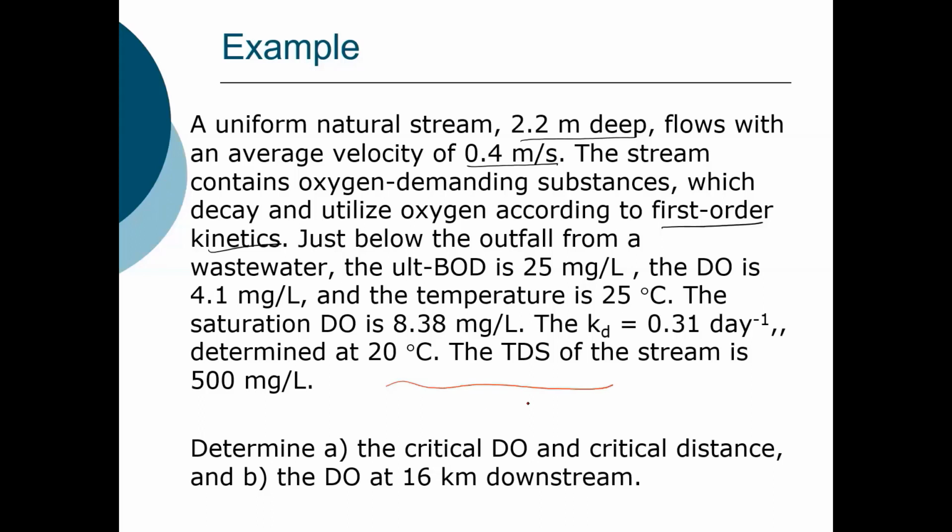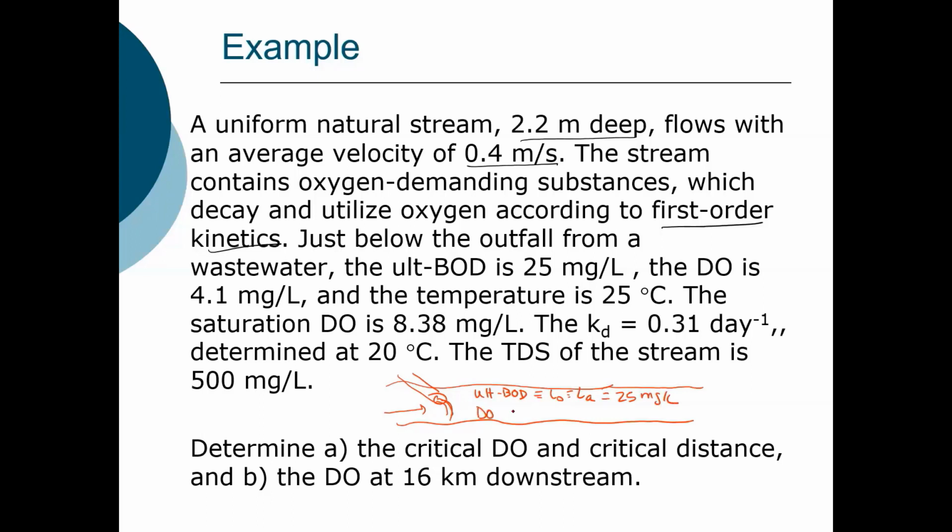So let's start that out, and we'll draw our stream here. We have an outfall from a wastewater treatment plant, and just below the outfall, so we've taken into account mixing, the ultimate BOD, remember that is equal to L naught, and you'll see it also designated as L sub A, is 25 milligrams per liter.